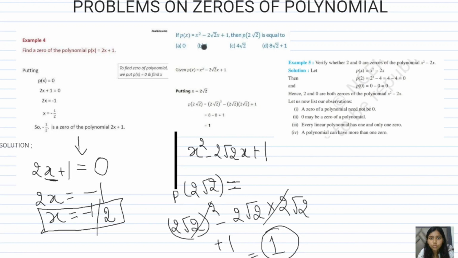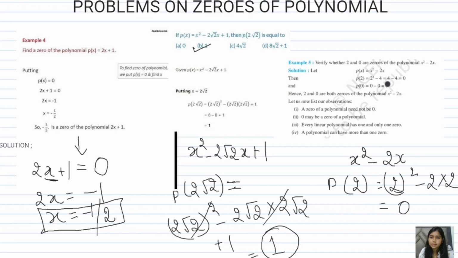Okay, let's move to another NCERT example. Verify whether 2 and 0 are the zeros of polynomial x square minus 2x. We have to just verify whether 2 and 0 are zeros of the polynomial. Basically, if we have to verify 2 and 0, we just have to put 2 in this equation in place of the x, like this only. You will get a 0.